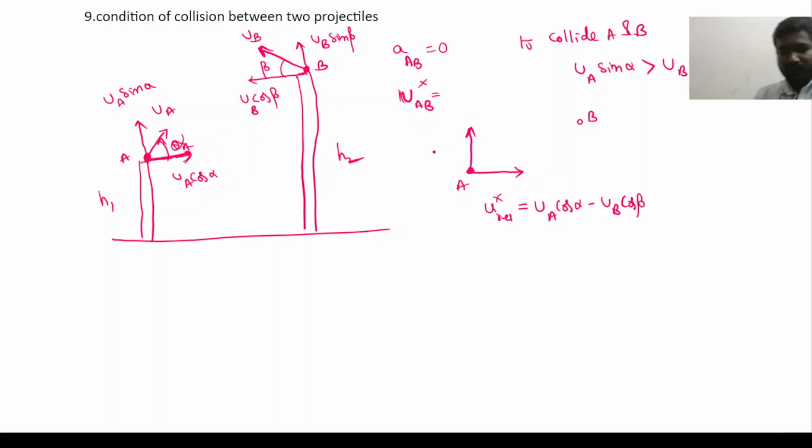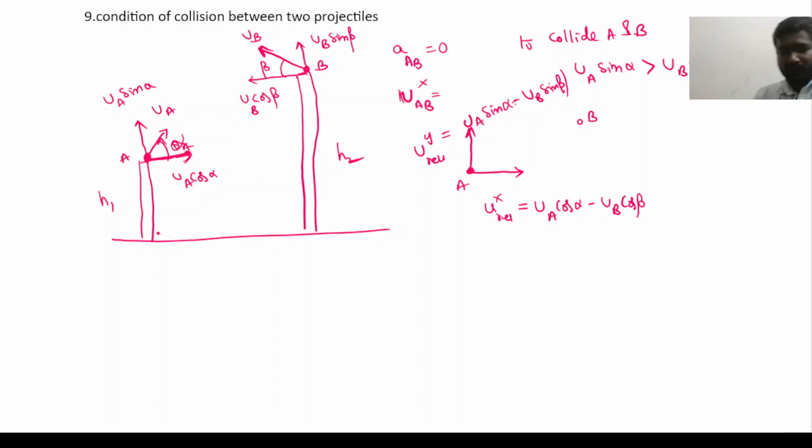Similarly, along the y direction, U relative equals UA sin alpha minus UB sin beta.